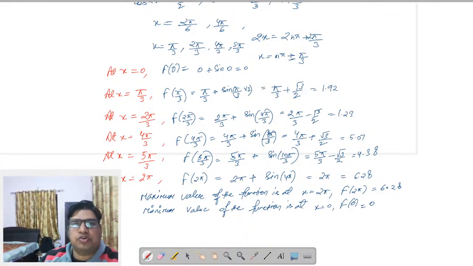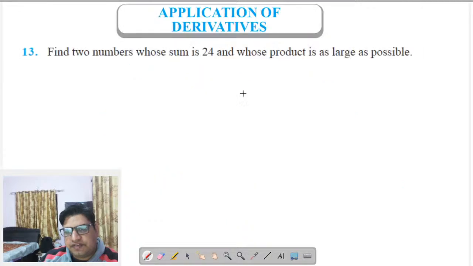So let's try to solve one more question of the same type. Here what we need to do is to find two numbers whose sum is 24 and whose product is as large as possible.